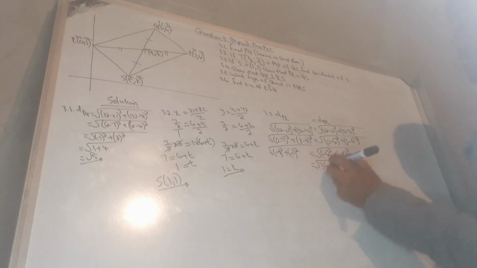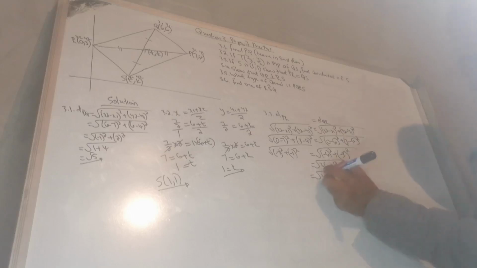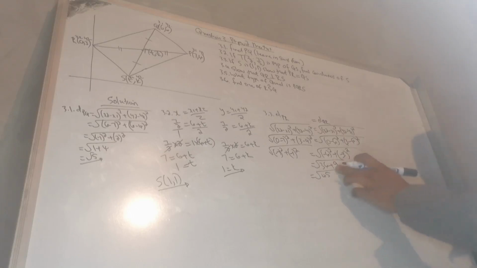This will be 36 plus 9, which should give us 45.